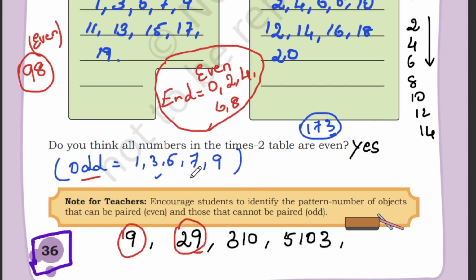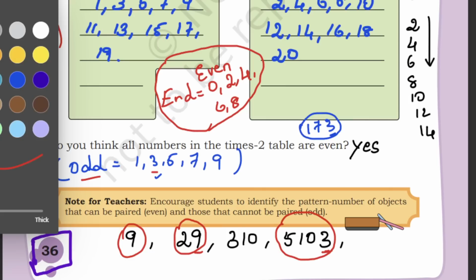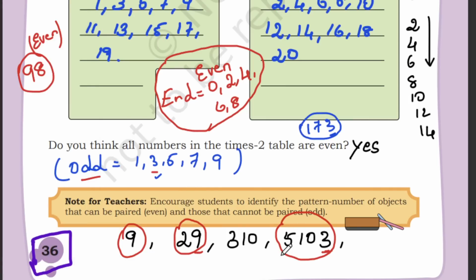Again 3, it is here, the unit digit, so I'm going to circle this. And I'm going to square the even number. So we have 310, here we have 0, so I'm going to square it. So like this, they will ask you questions in the examination. So you should be ready for answering, students.